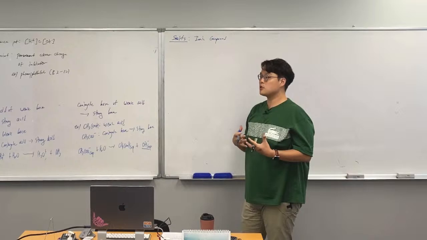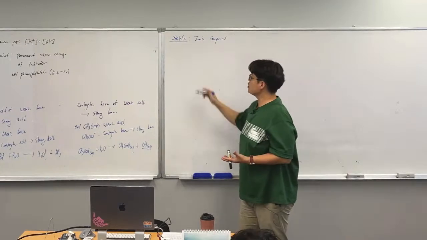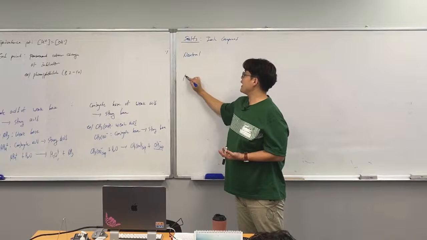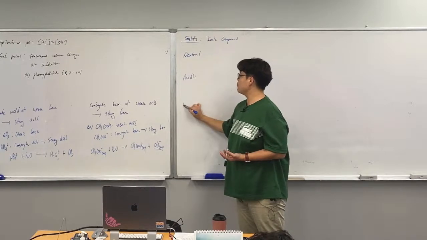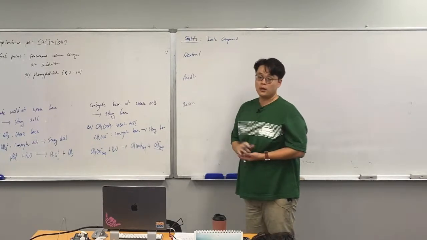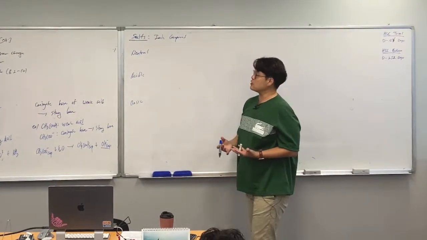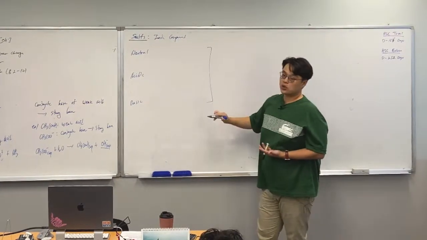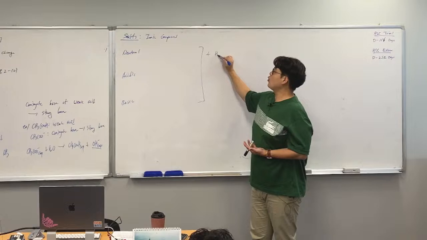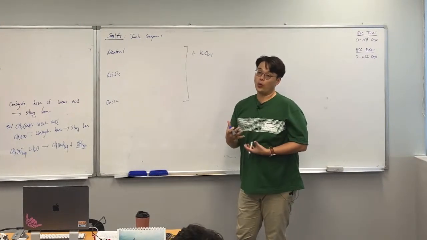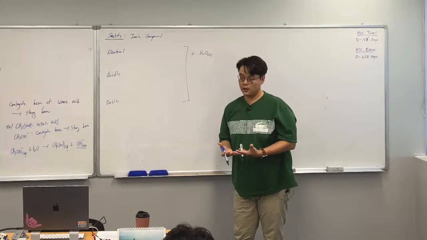It's a combination between a metal and a non-metal. So we can have a neutral salt, we can have an acidic salt, we can have a basic salt. Then how do we determine whether that's neutral, acidic, or basic? To determine that, what you need to do is put those salts into the water.